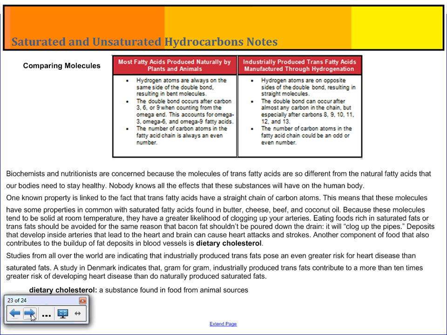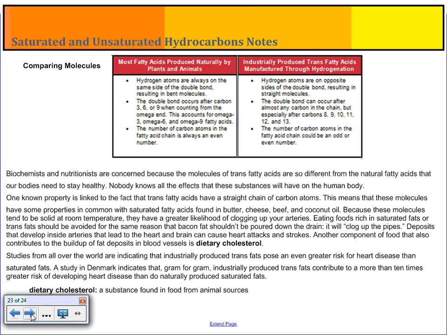Eating foods rich in saturated fats or trans fats should be avoided for the same reason that bacon fat should not be poured down the drain. It will clog up the pipes. Deposits that develop inside the arteries that lead to the heart and brain can cause heart attacks and strokes. Another component of food that also contributes to the buildup of fat deposits in blood vessels is dietary cholesterol.